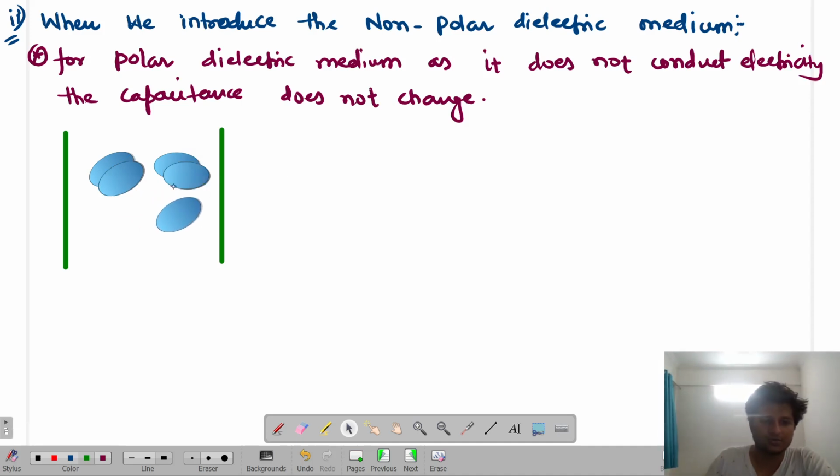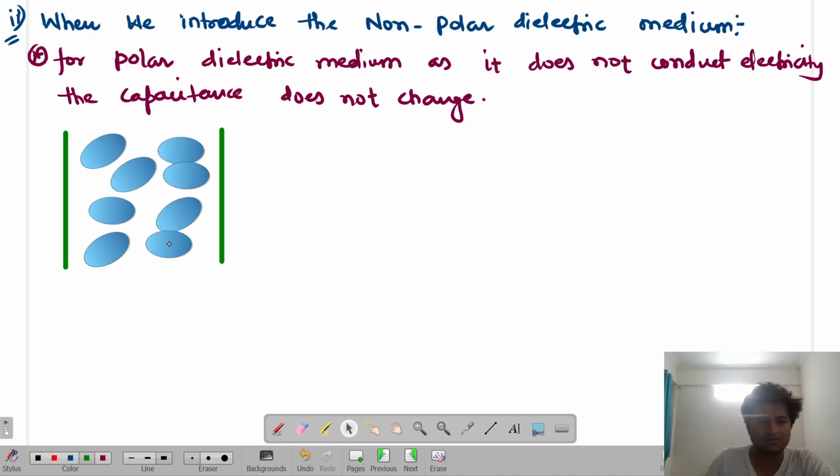So let's suppose I have any kind of dielectric medium. What I did was take two plates and in between them introduce some dielectric medium, isn't it? Which kind of dielectric medium?